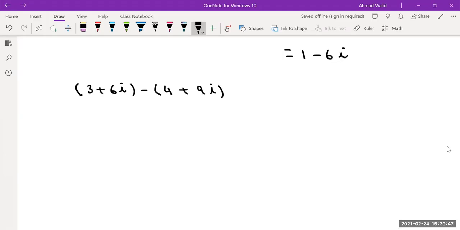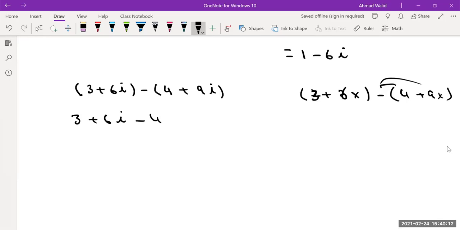What I do, I'll keep my first parentheses. I'm thinking like this, that I'm dealing with these two parentheses, 3 plus 6x minus 4 plus 9x. How do you deal with it when you're adding algebraic expressions? First, you distribute the negative, right? I do the same thing here. I'll write 3 plus 6i minus 4 minus 9i.